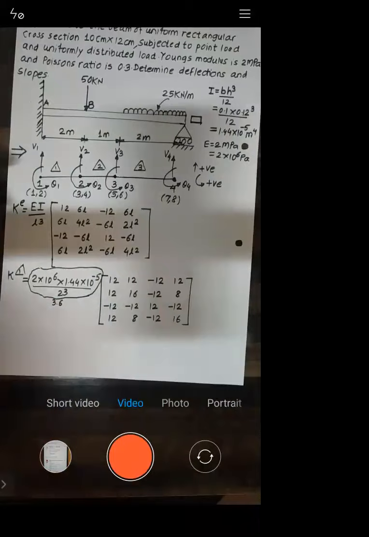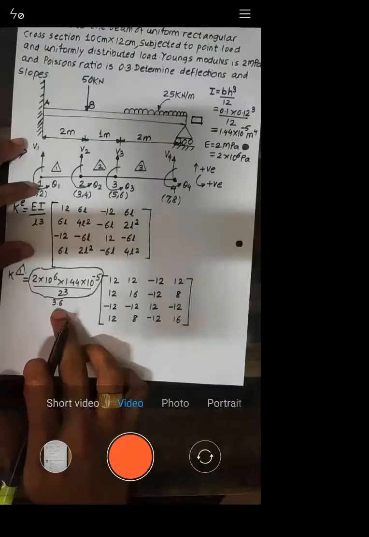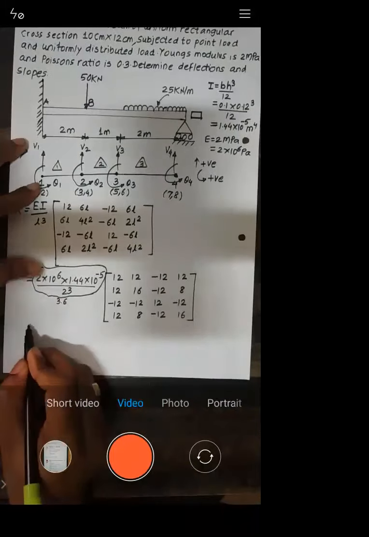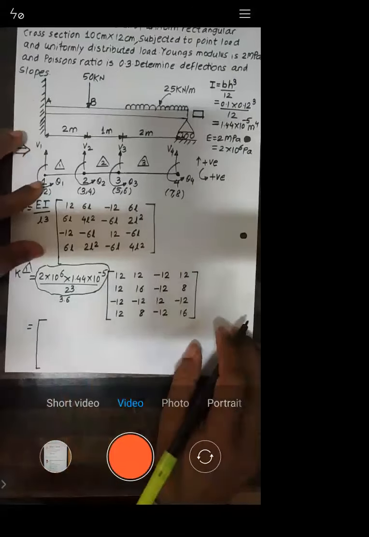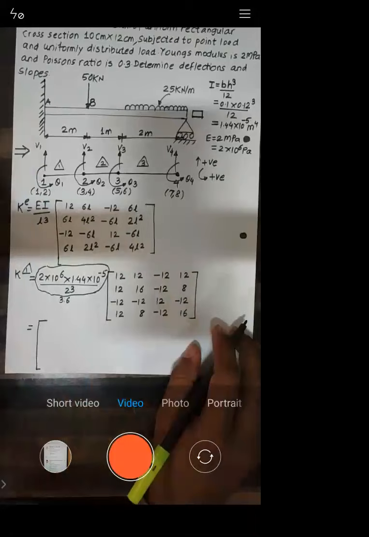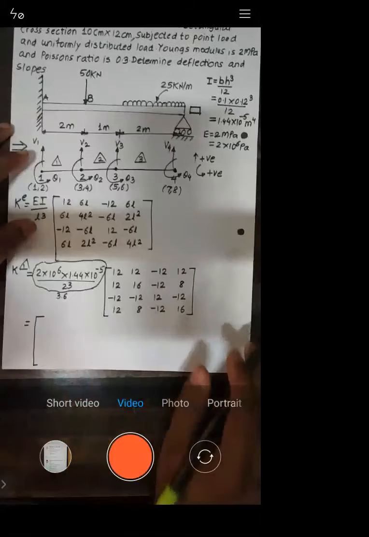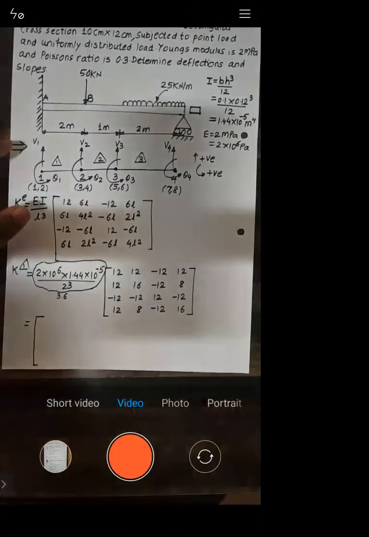We need to multiply inside. So let's see how much we're getting. 3.6 into 12, let me know. 43.2. Is there any doubt?